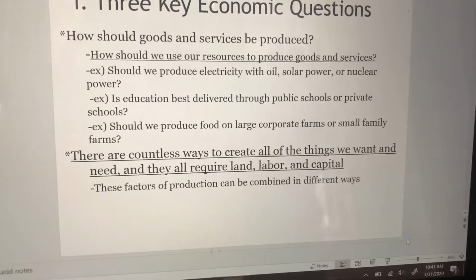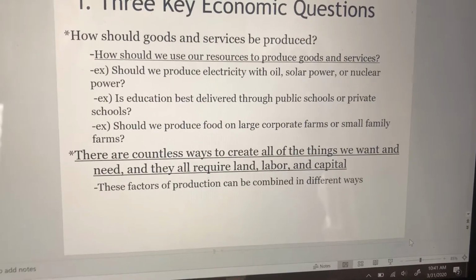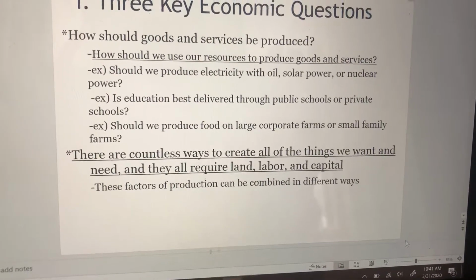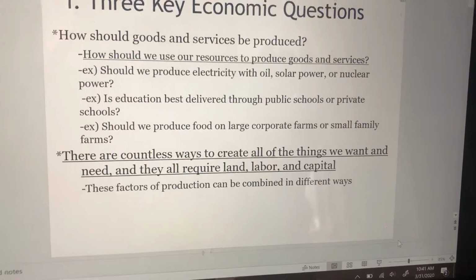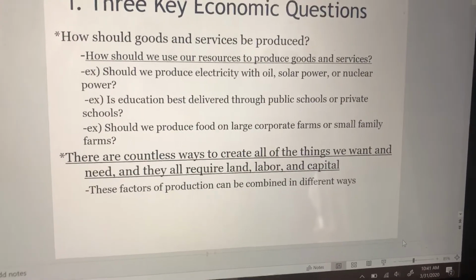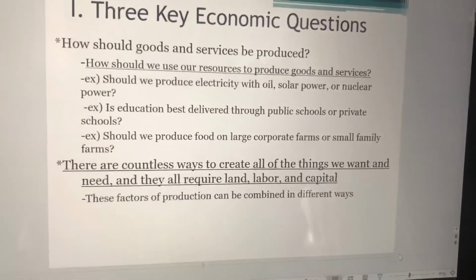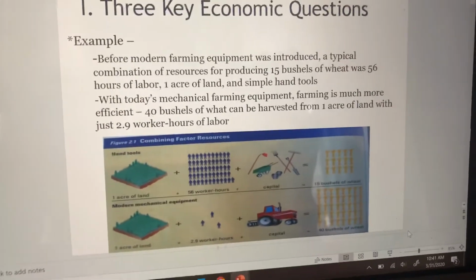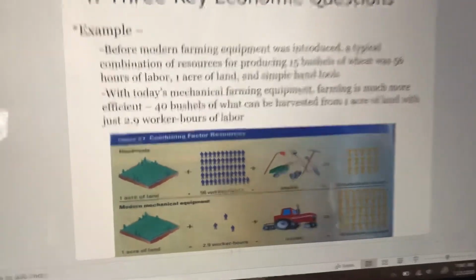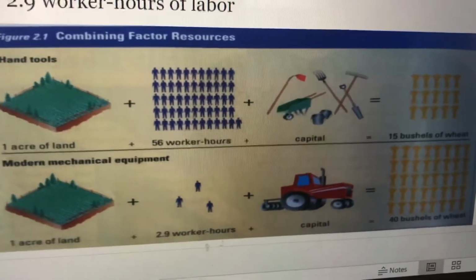There are countless ways to create all of these goods and services, and they're all going to require land, labor, and capital. That should ring a bell from chapter 1, the factors of production. They can be combined in different ways to help answer this question of how should goods and services be produced. Here's a very quick example. With modern machinery, farming has obviously become much quicker.